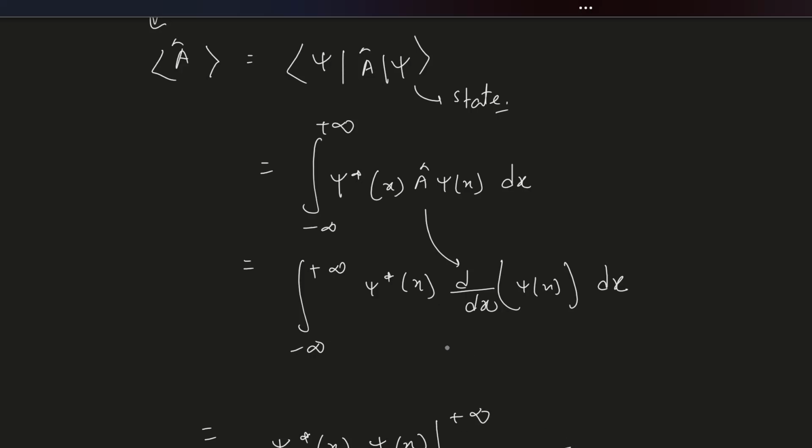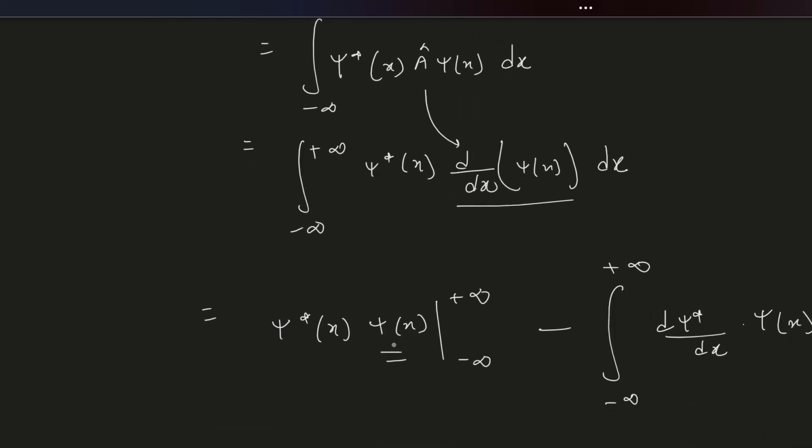Minus the second term of integral by parts, which will have a d dx derivative on the first function, and the second term will be under the integral, so it will be again psi x, then dx, and then x going from minus to plus infinity.